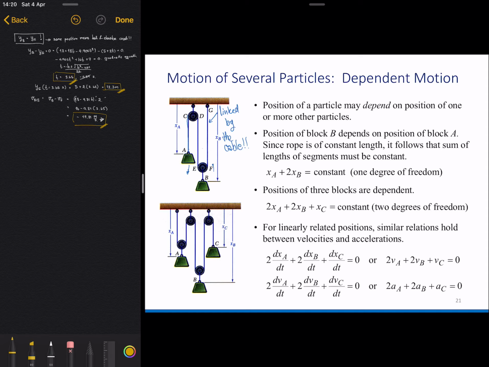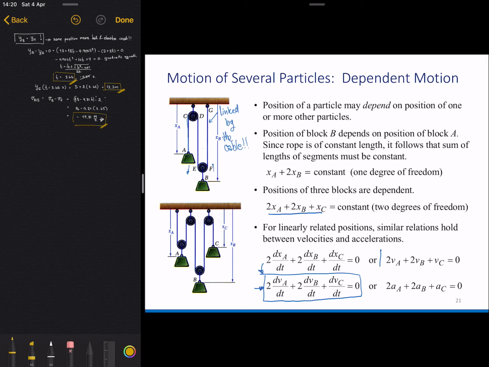And here is the relation for the three blocks also, and here also for velocities you can just take the derivative of those positions, right?